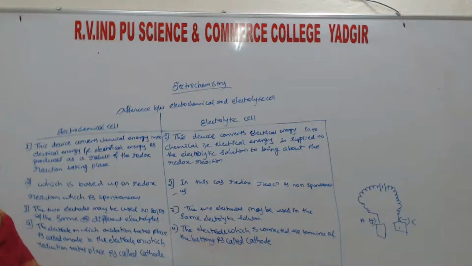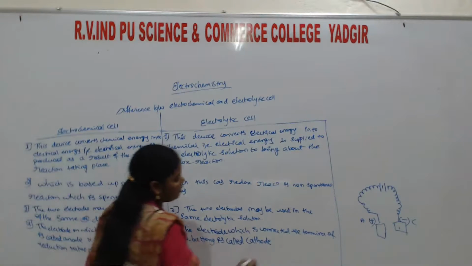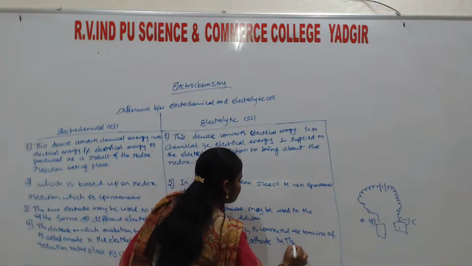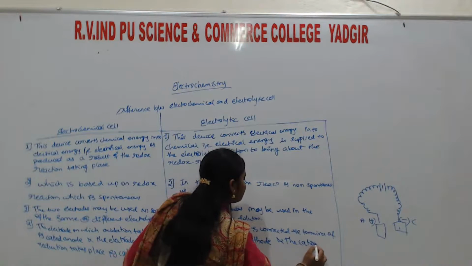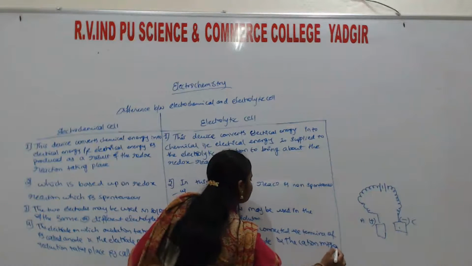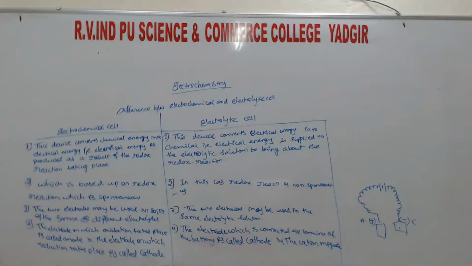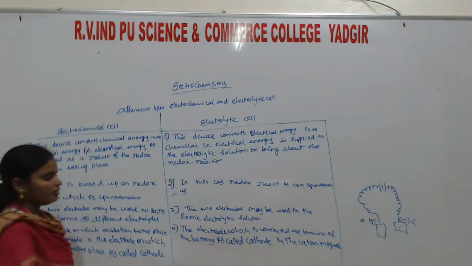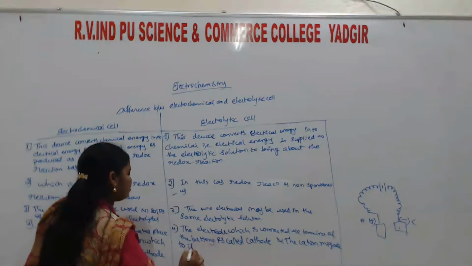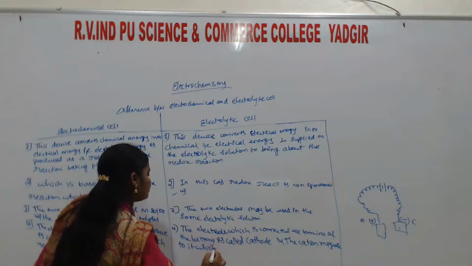The positive terminal is connected to the other electrode. The electrode connected to the negative terminal is called the cathode, and the cations migrate to it, meaning they move toward it and gain electrons.